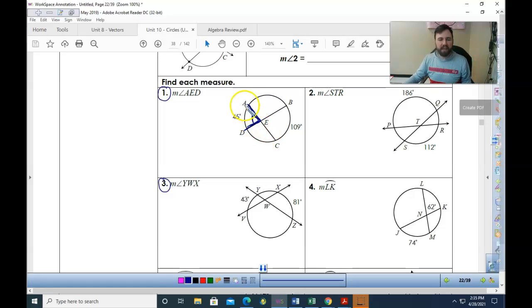That's going to be 1/2 my two intercepted arcs. So I'm going to do 1/2 of 45 plus 109, which is 1/2 of 154, which is 77 degrees.